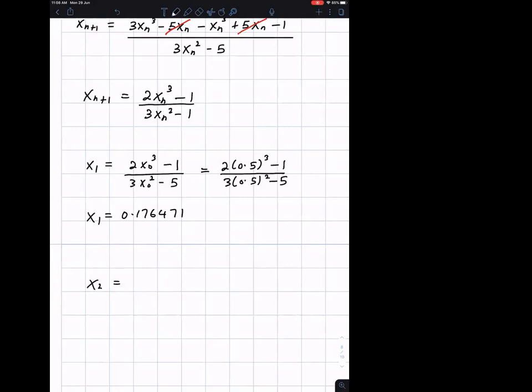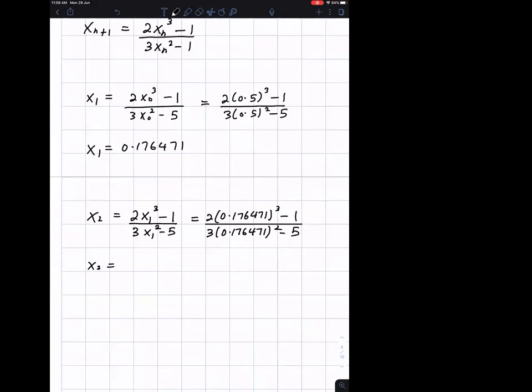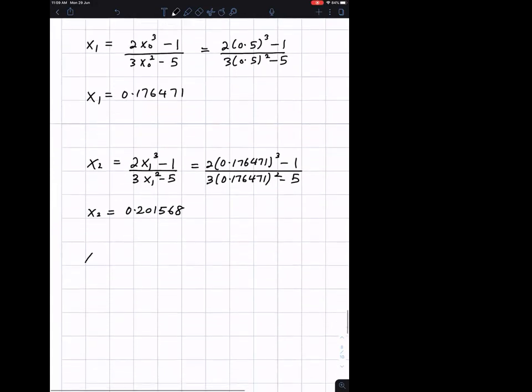To find x2, you use the same equation with x1 plugged in. And then you do the next iteration, x3.